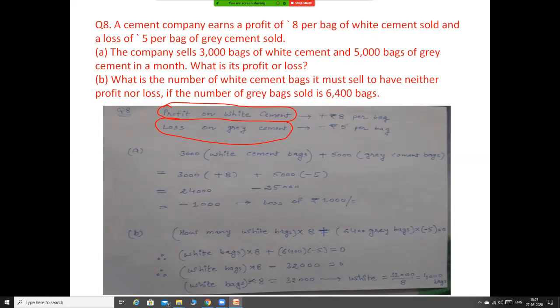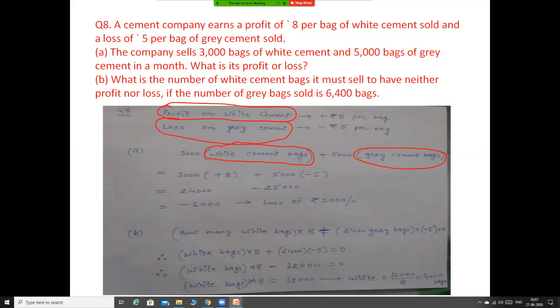So what is the condition in part A? 3,000 white cement bags are sold and 5,000 grey cement bags are sold. For grey we write minus 5, for white we write plus 8. We multiply 3,000 into 8, and 5,000 is multiplied with minus 5.